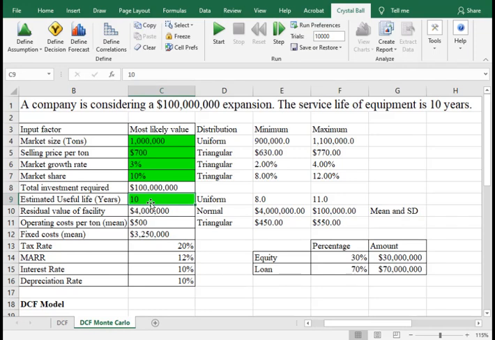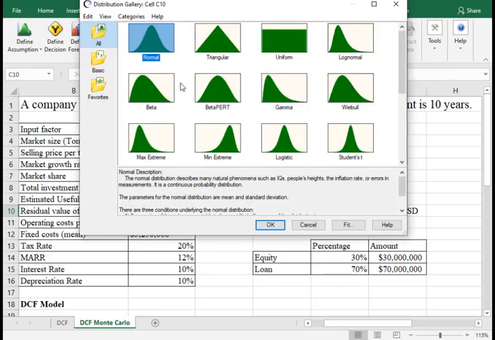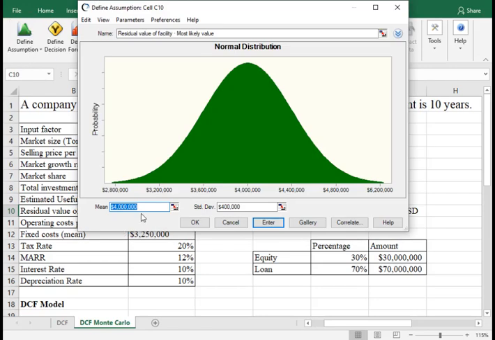Similarly, the residual value of the facility at the end of the 10th year follows normal distribution with mean of 4 million and standard deviation of 100,000.